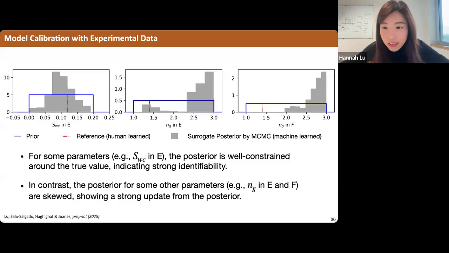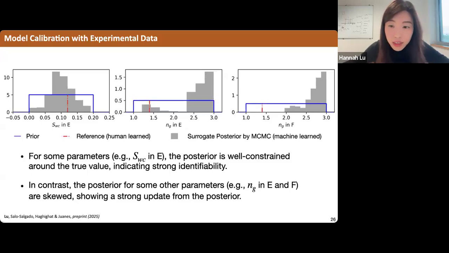So we see that here are three of the parameters. For some of the parameters, for example, this SWC in the region E, the posterior is well constrained around the true value, indicating a strong identifiability. But for other parameters, the posterior shows a strong update.